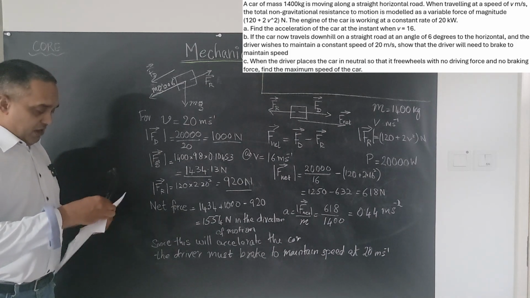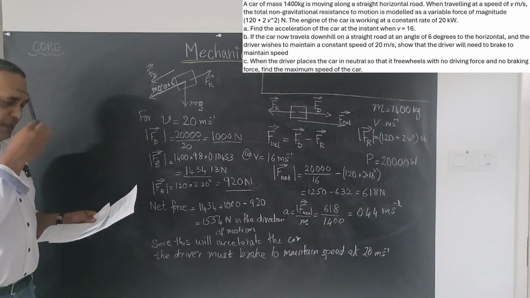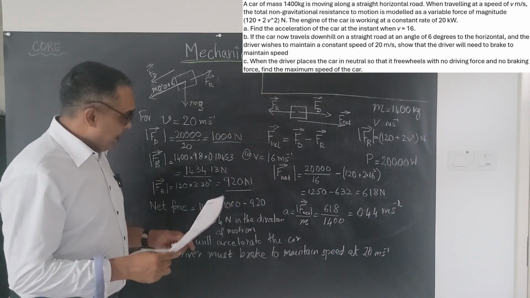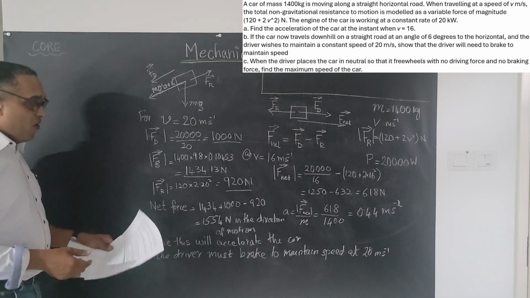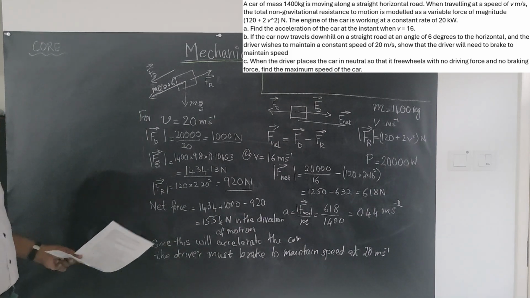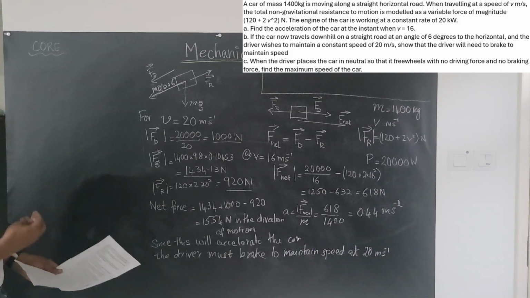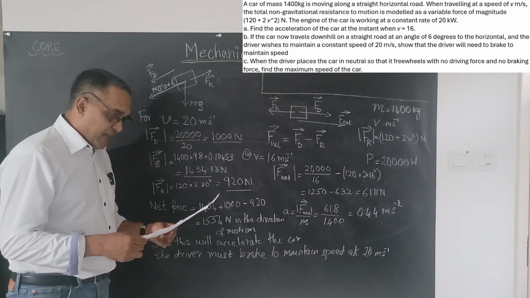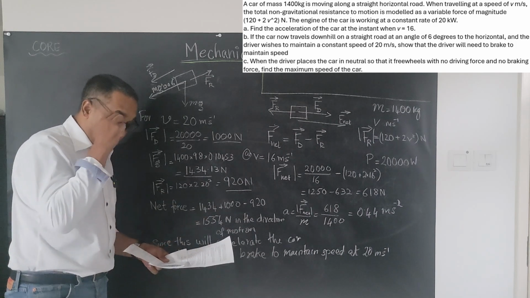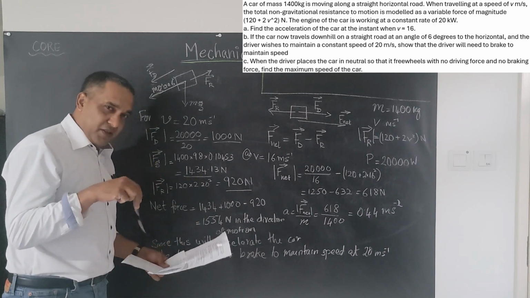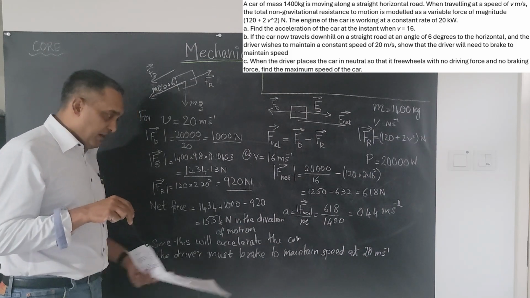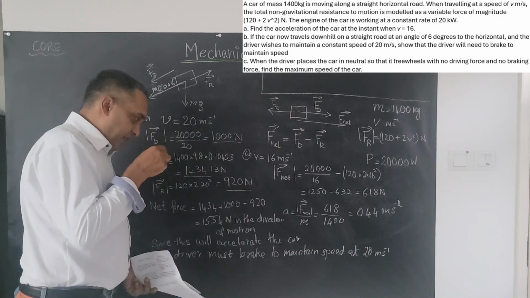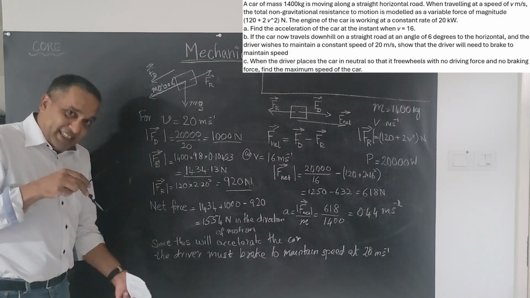Show that the driver must brake. Sometimes he might ask you, explain why the driver must brake, and that's how you would do it. So it's a little more than just saying, hey, I've calculated a bunch of numbers. Here they're asking you to provide an explanation. Again, an A-level type problem. I haven't seen this come in on the AS or any other. In fact, most other high school curricula don't even get into this. So it's quite interesting that you know it, but you've got to state it.